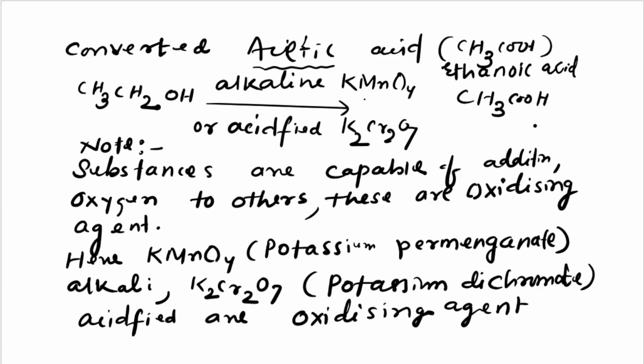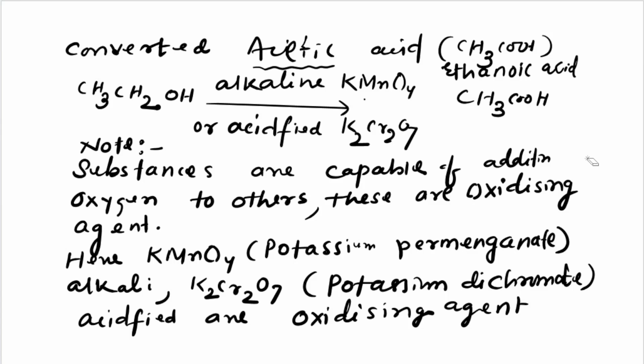They are called oxidizing agents. That means the substance which adds oxygen to another oxidizes the other, so that substance is called an oxidizing agent. What is an oxidizing agent? Remember, an oxidizing agent is one which oxidizes others by addition of oxygen.